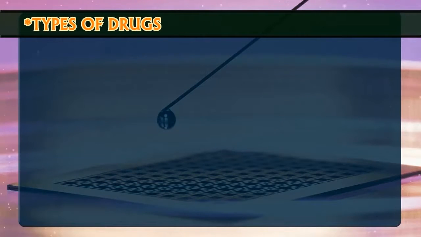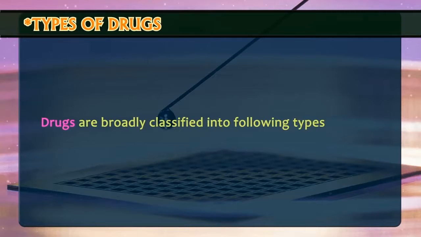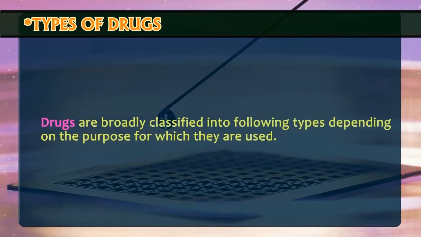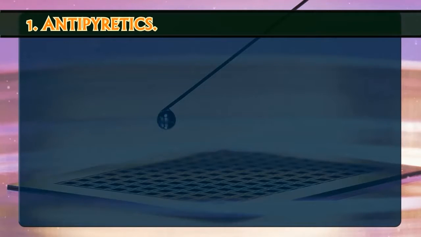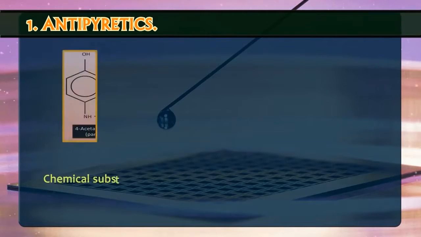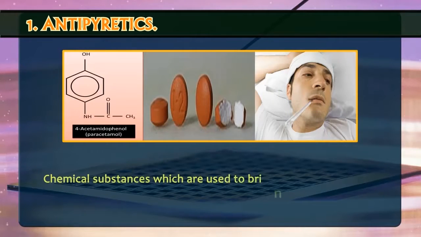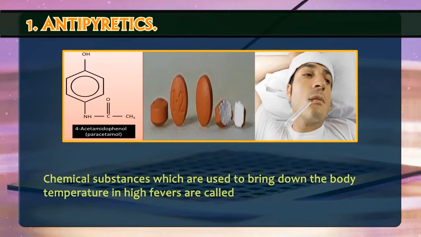Types of drugs. Drugs are broadly classified into the following types, depending on the purpose for which they are used. 1. Antipyretics. Chemical substances which are used to bring down the body temperature in high fevers are called antipyretics.